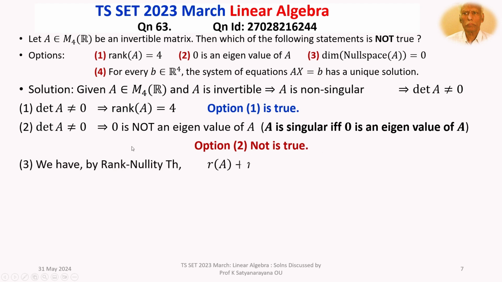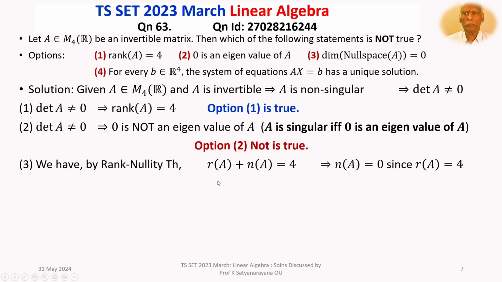Option 3. Option 3 is the dimension of null space of A is equal to 0. What is the null space? Dimension of null space? The nullity. How do I get nullity? When I know rank, the nullity will come from a theorem called the rank nullity theorem.